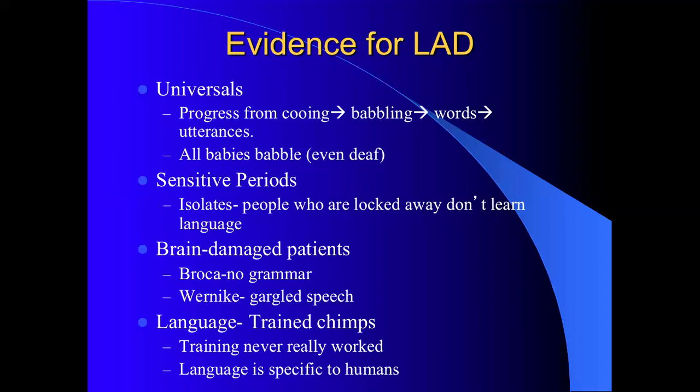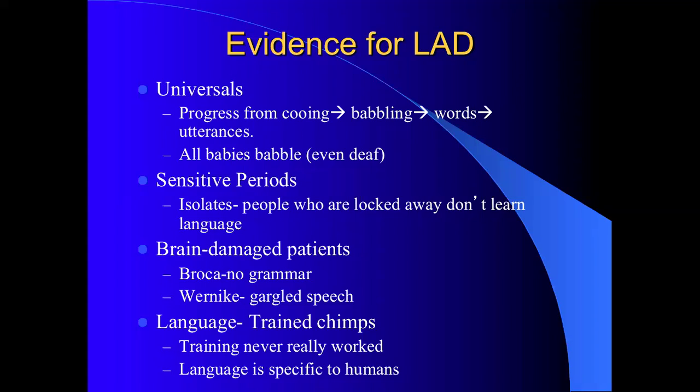So, let's talk about isolates, right? There are people who were left in the wild and without interaction with others. There are people who are locked away. And the common case that's presented in most psychology textbooks is the case of Jeannie.